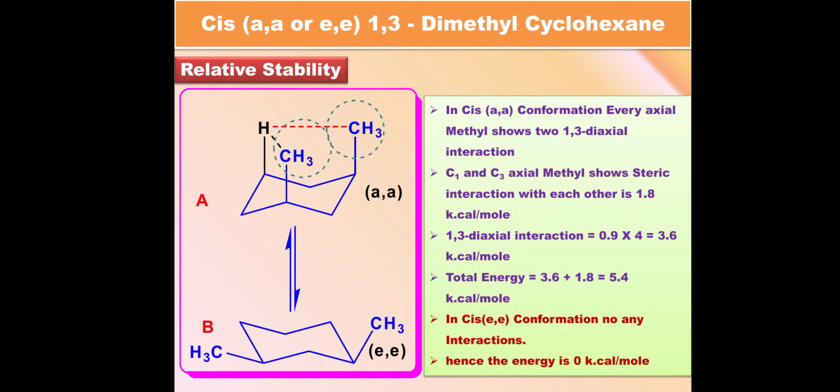Whereas in the cis diequatorial conformation, there are no 1,3 diaxial interactions as well as no butane-gauche interaction, and therefore its energy is 0 kilocalorie per mole. So we can say this cis diequatorial form is the more stable conformation of 1,3 dimethyl cyclohexane.